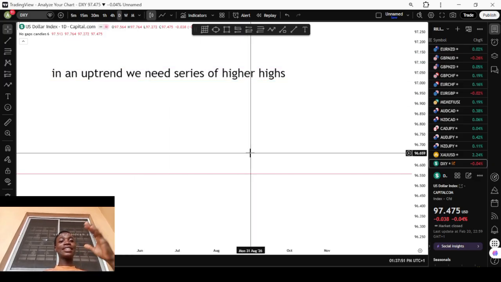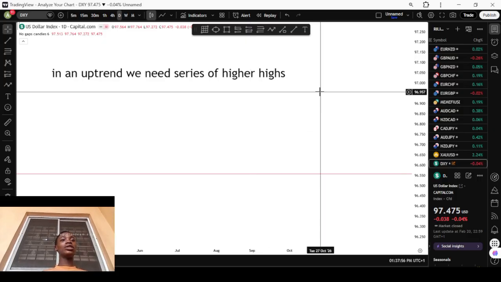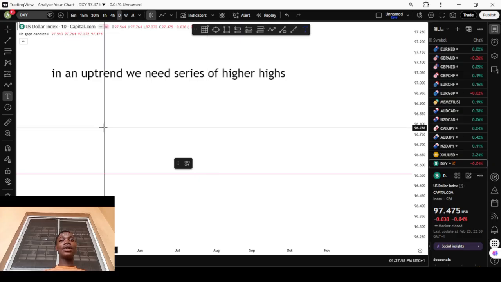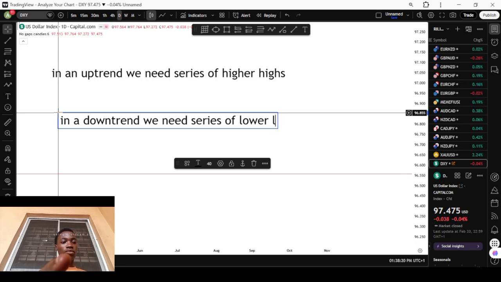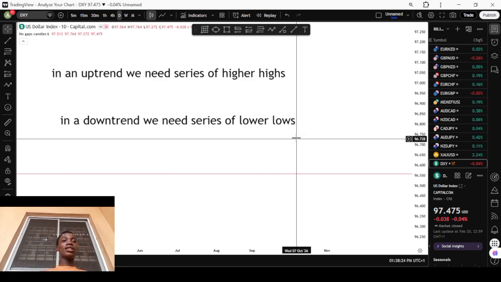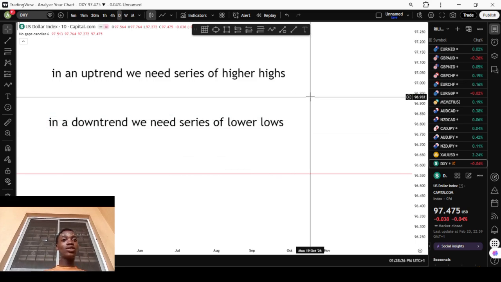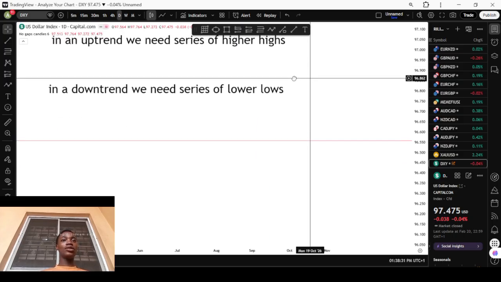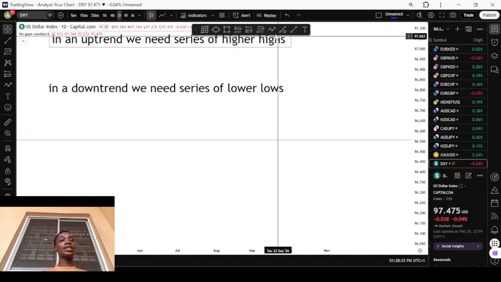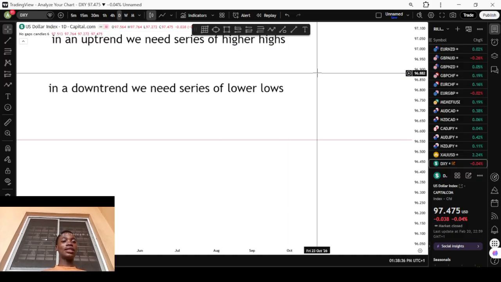That is, the market keeps breaking highs as much as it can. While in a downtrend, we want the market to keep breaking lows. In a downtrend, we need a series of lower lows. So let's start with the uptrend first. How can you identify an uptrend in the market?